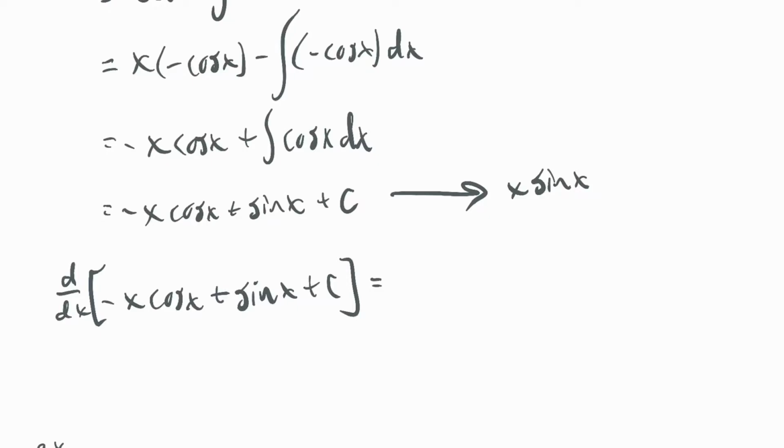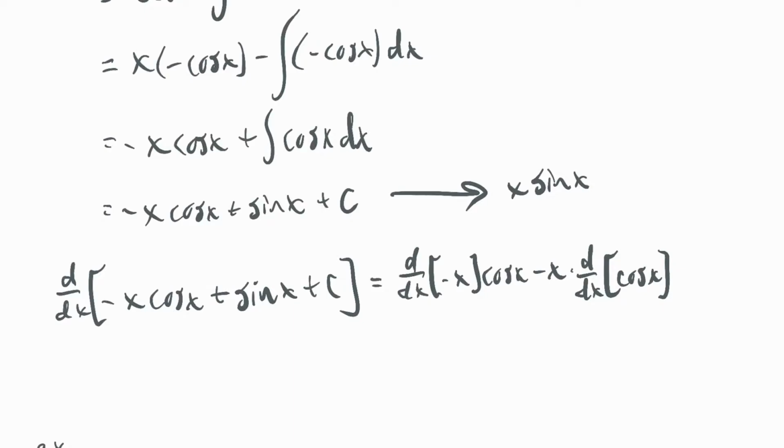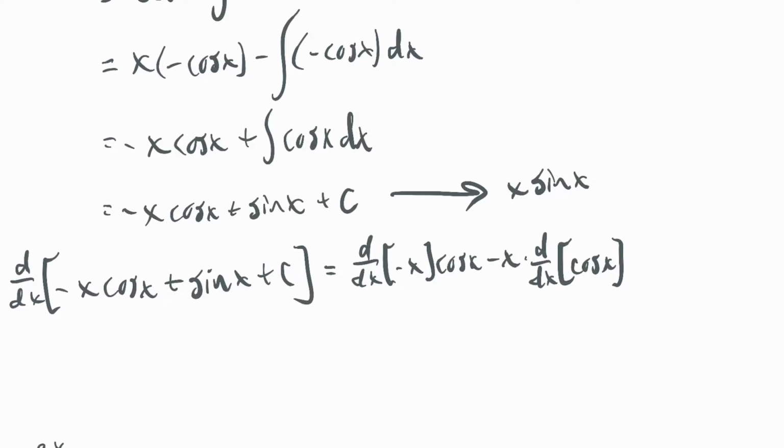So I need to apply the product rule here, right? I have a product of two functions. So this will be d/dx of negative x times cosine x, minus x times d/dx of cosine x, plus d/dx of sine x plus 0, right?